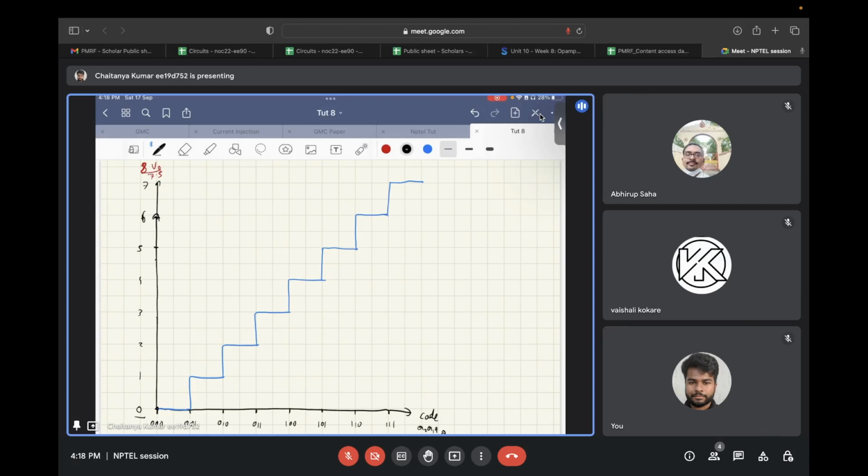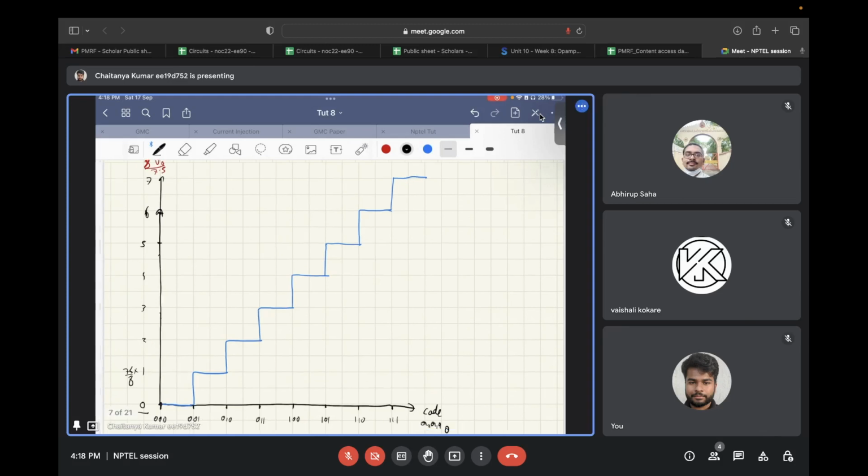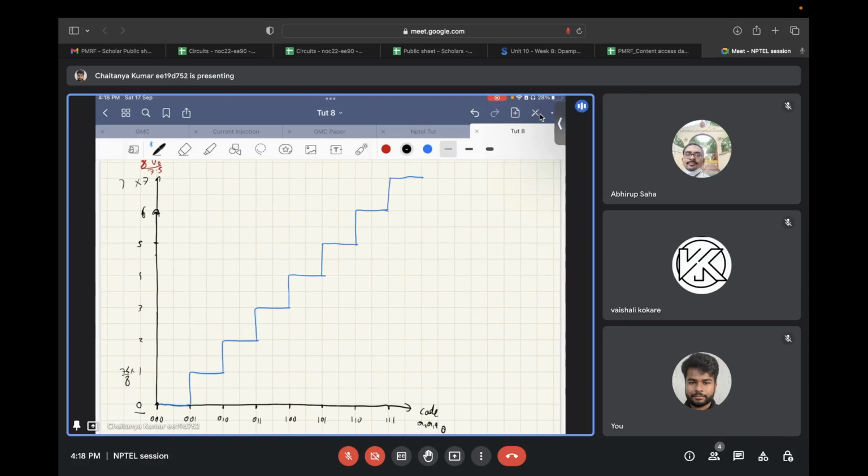If the least significant bit is on, the output voltage will be 1 times 7.5 by 8, and so on. It will go till 7. So the range of this is from 0 to 7 times 7.5 by 8. So this DAC will give you a voltage from 0 to this value depending on whatever bit sequence you have.